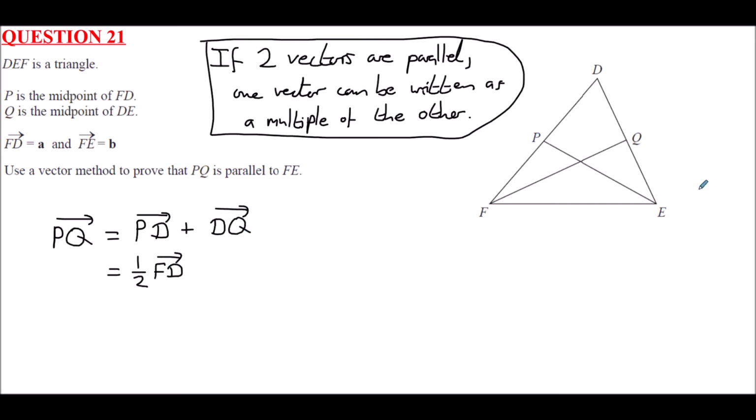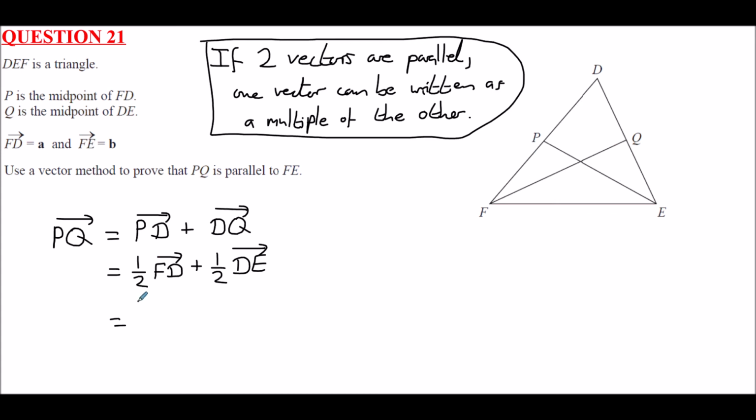And then DQ, well, there's no vector we're given that goes from D to Q. Because Q is only halfway from D to E, I'm going to rewrite DQ as being half of what it is from D to E. However, we don't know what D to E is either. So let's think how you could go from D to E using vectors we know.